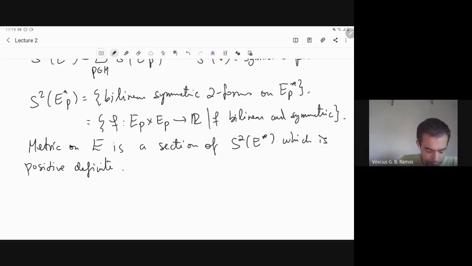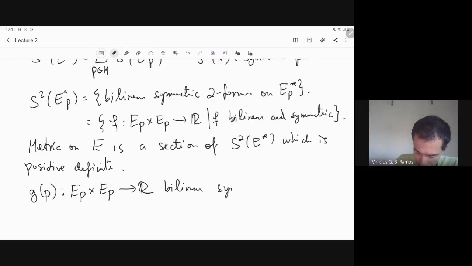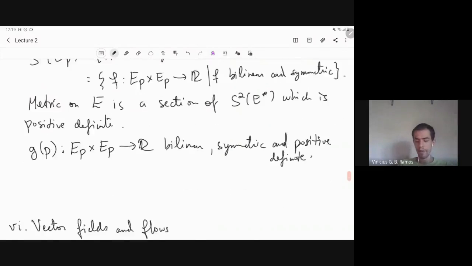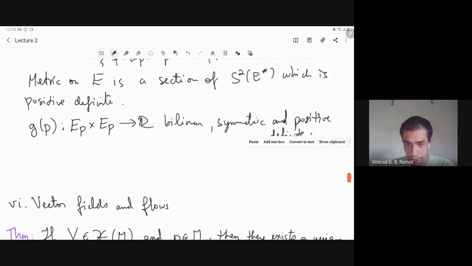So basically that means a metric, let's call it g, means g_p will be a map from E_p times E_p to R, which is bilinear, symmetric, and positive definite. Okay?